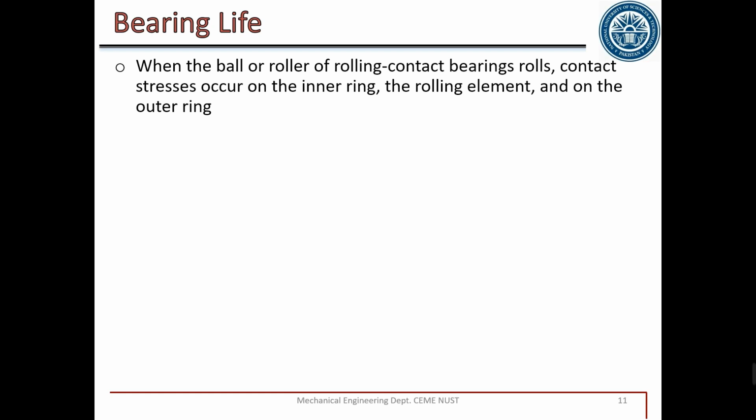If the shaft is rotating, those stresses are cyclic, and the life of a bearing can be defined in terms of the number of revolutions the bearing can support. Let's say a designer can say that our bearing can support 40 kilonewtons load for up to, say, 10 million revolutions. So that is a bearing life.